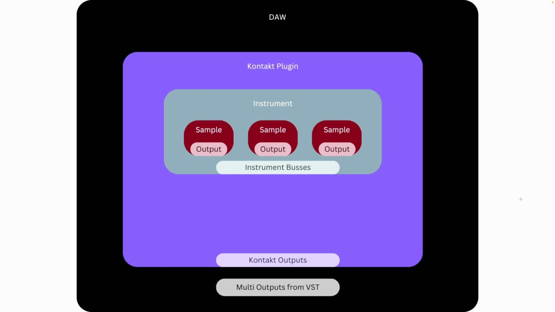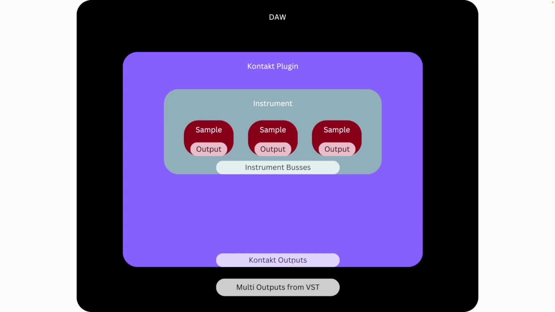So this is how the routing in Kontakt works. You load your samples into an instrument. So the sample has an audio signal that you send to the buses of the instrument. Now the signals are on the buses of the instrument. But to get your signal from the samples through the instrument buses to your DAW, you have to route them to the Kontakt outputs.